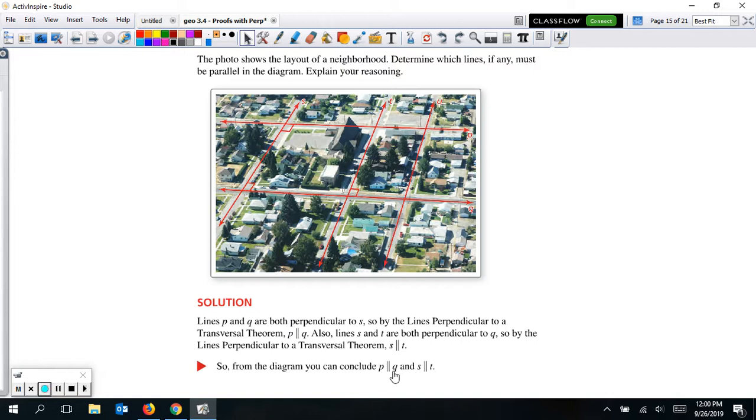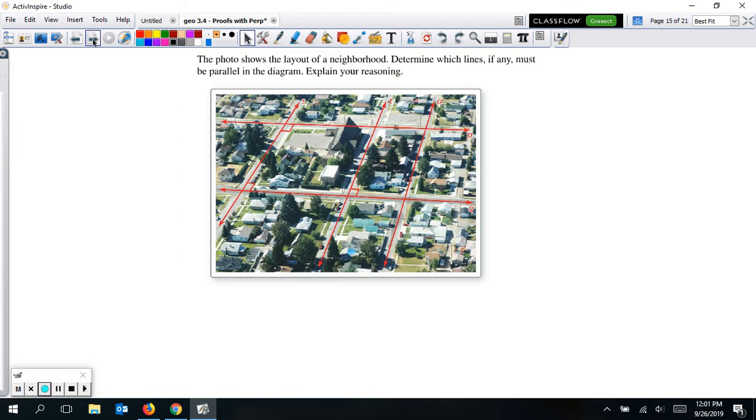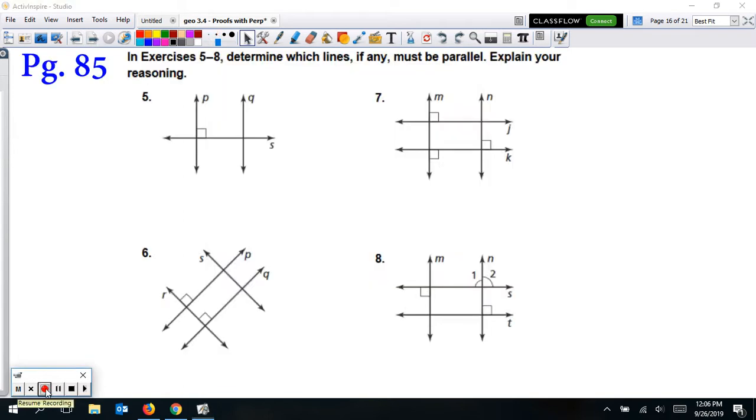We can conclude that P is parallel to Q and S is parallel to T because of the perpendicular marks in there. And that's basically this theorem right here, the lines perpendicular to the transversal theorem. When two lines are perpendicular to the same line, they're parallel to each other. All right, let's go on to finish our extra practice.